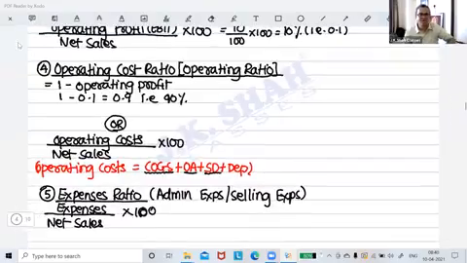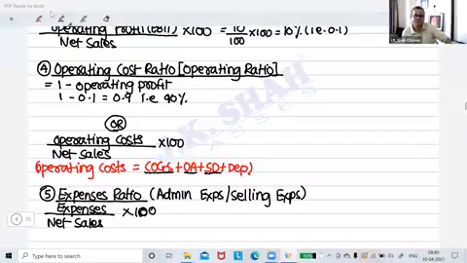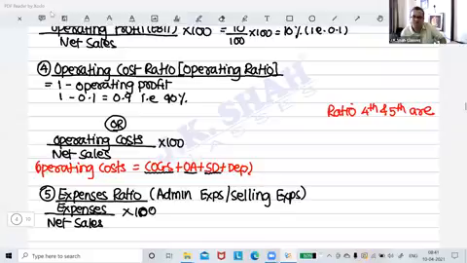So basically, ratio number 4 and 5 are expenses ratio, correct?